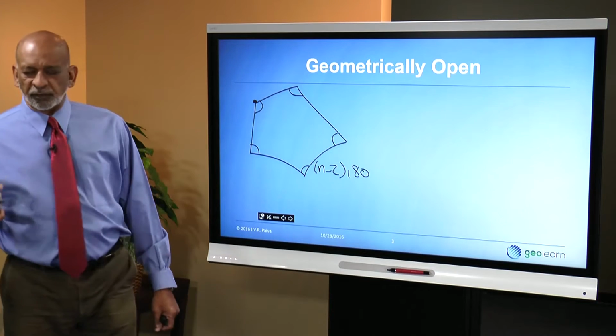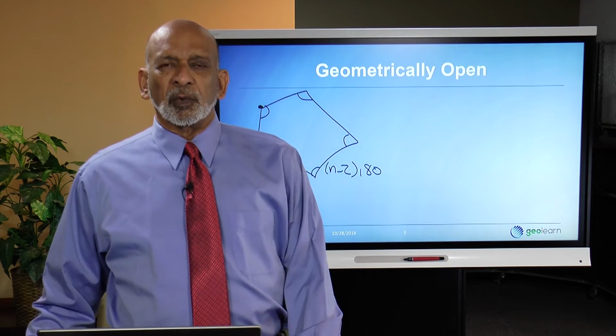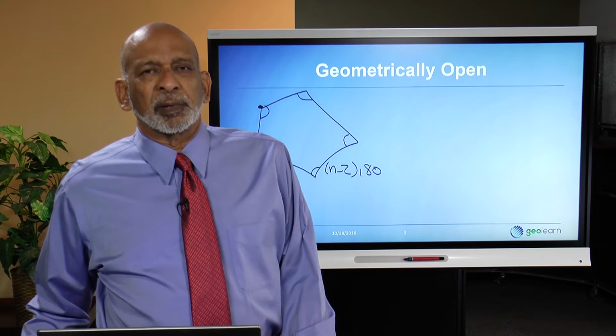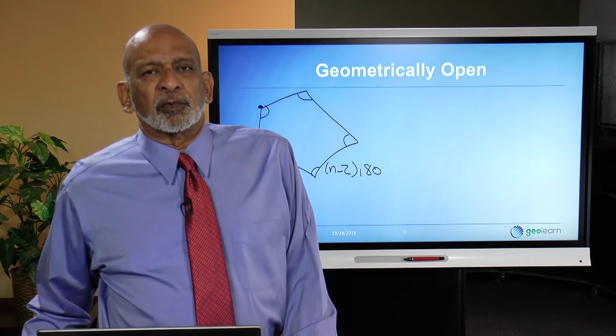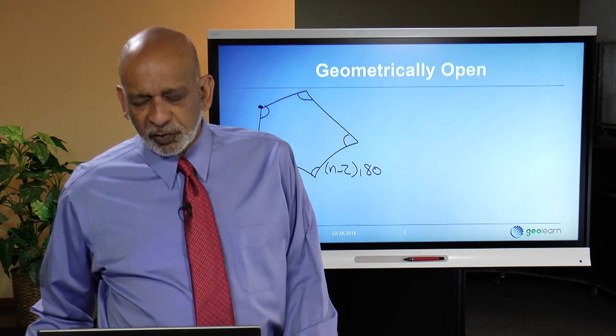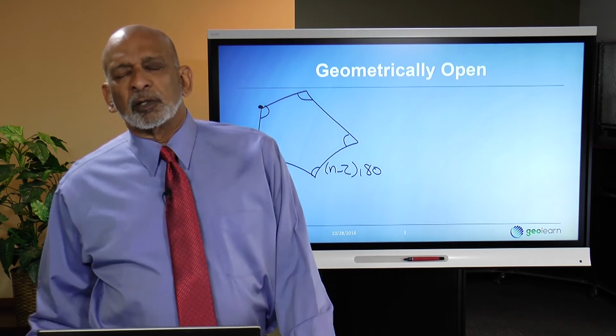So this is kind of a fundamental part of surveying, where possible to end where you began as a way of creating a check. So when it's geometrically closed, you have lots of those things available to you.